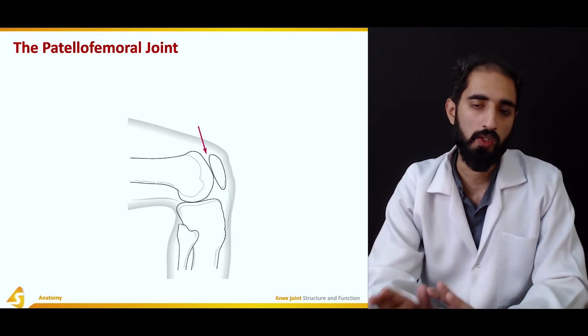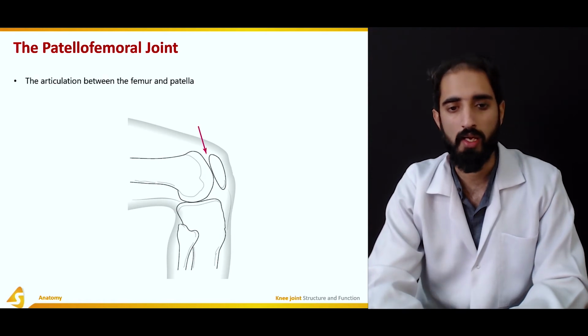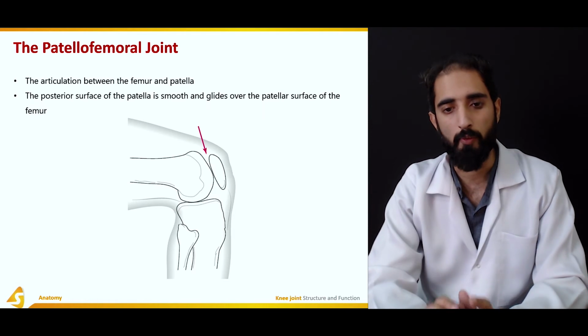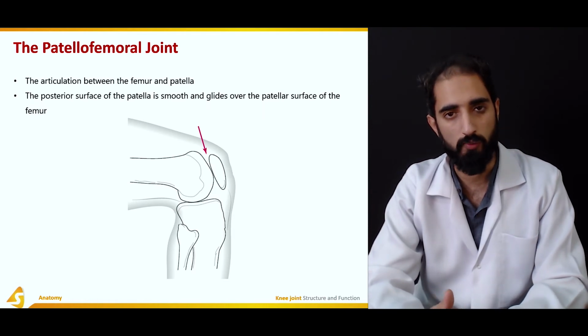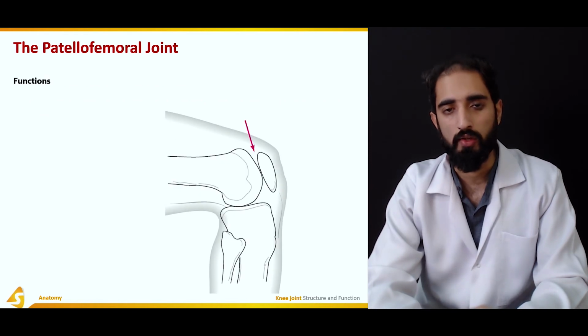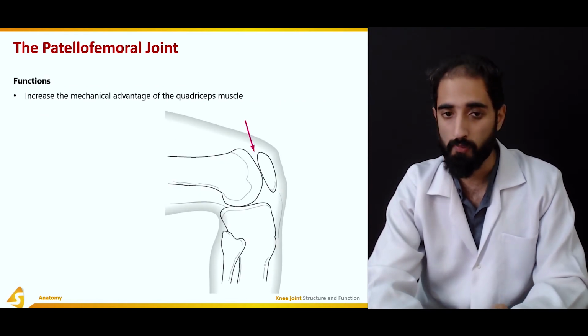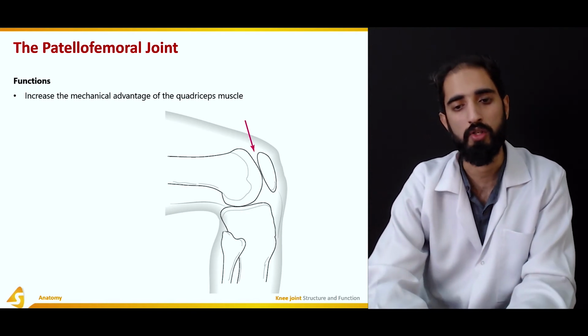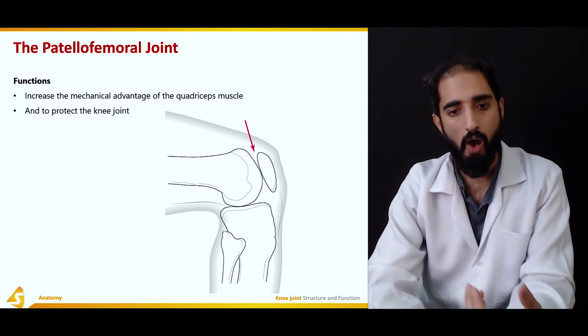Moving on, the other component was the patellofemoral joint, and it is the articulation between the femur and the patella. The posterior surface of the patella is very smooth and it glides over the patellar surface of the femur. The function of the patellofemoral joint is very important because it actually increases the mechanical advantage of the quadriceps muscle. How does it do that?